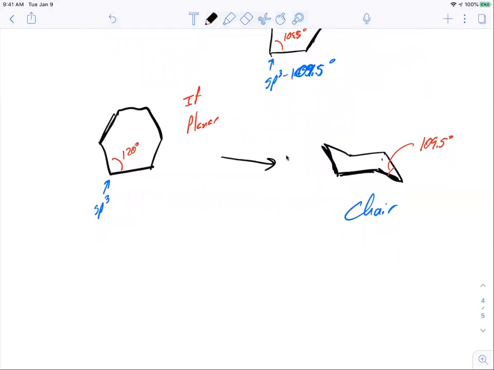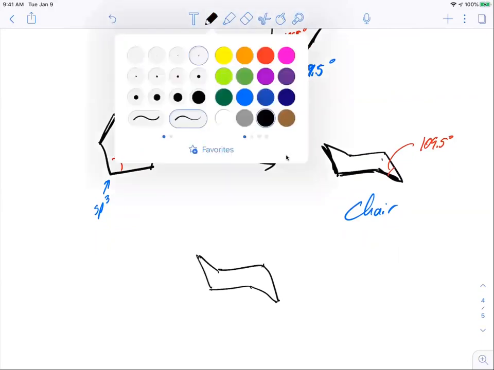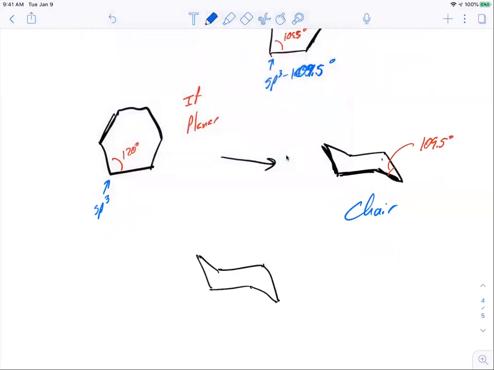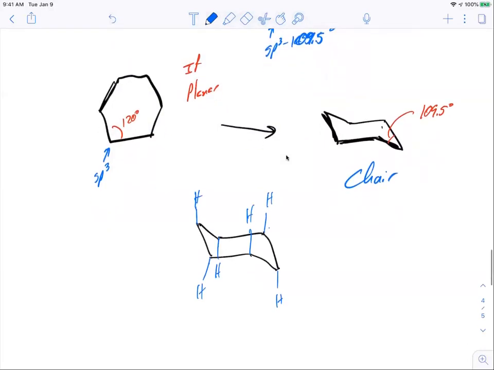So let's draw this again. And I'm going to put my hydrogens in. Okay, so that set of hydrogens, if you notice, this hydrogen here and that hydrogen there are anti to each other. One is going above and one's going below.